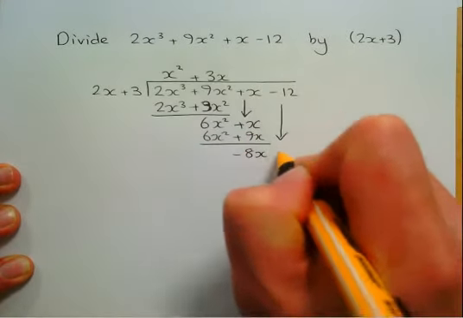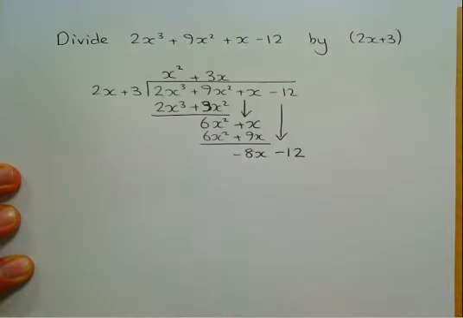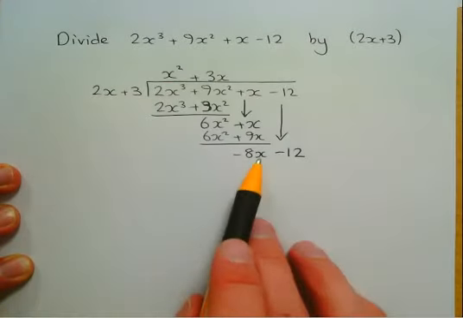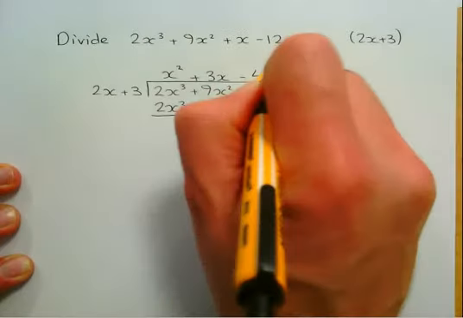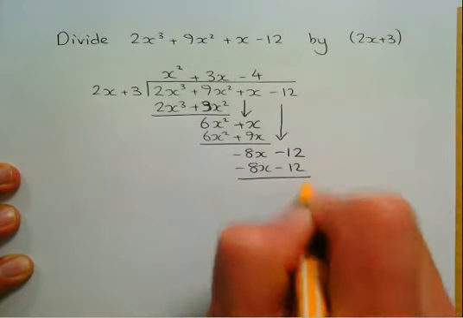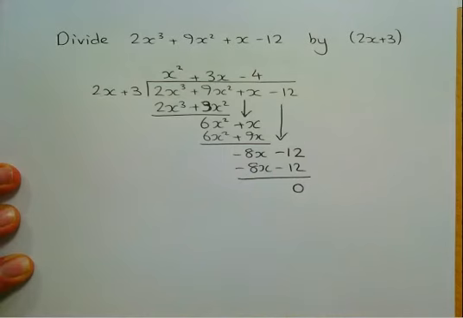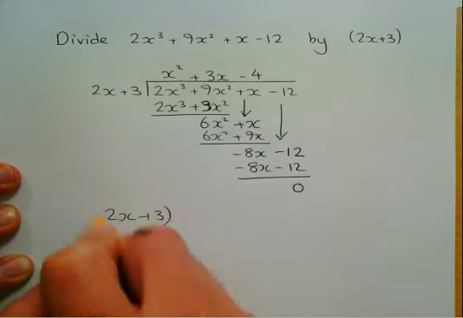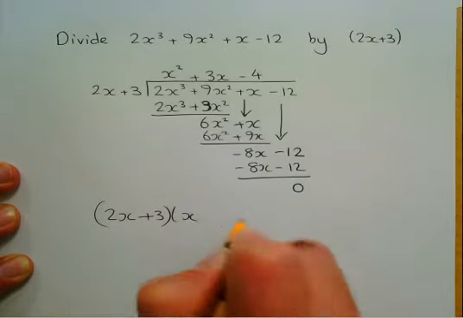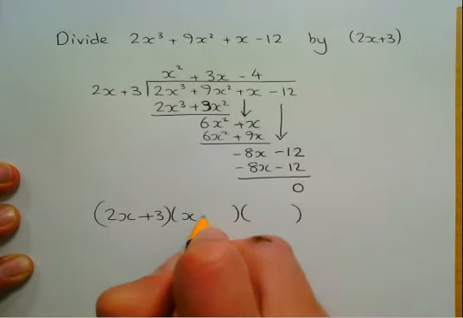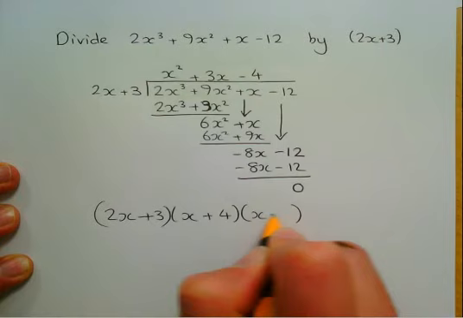Bring this one down and repeat. What do we times 2x plus 3 by to raise up to here? Minus 4. And we get minus 8x minus 12, and again we get a 0 remainder. So 2x plus 3, and then we can factorize this one as well, so that's x plus 4 and x minus 1.